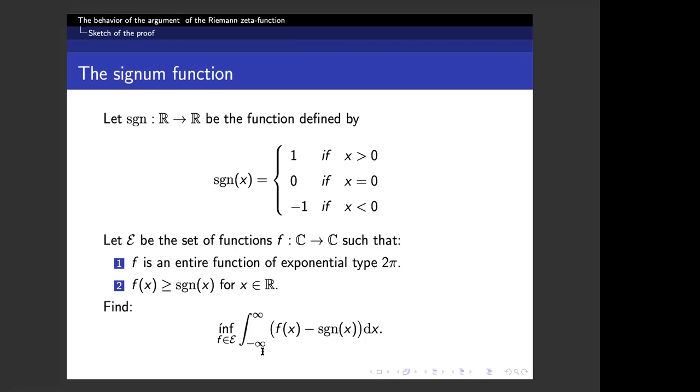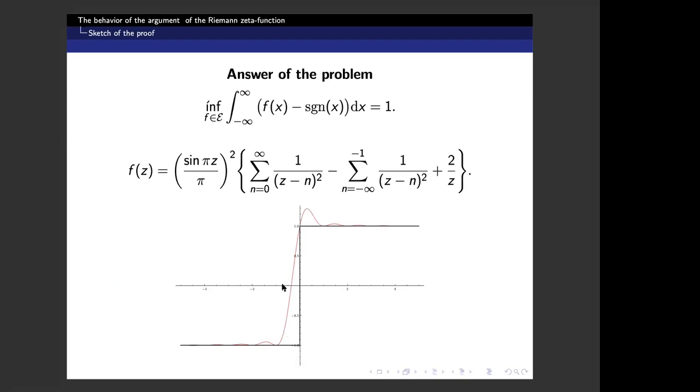And this is a problem by Berlin, and he solved this problem. You have this signum function here, and he obtained a solution of this problem. The infimum of this integral is 1, and this function is exactly this function here. And this is the form of this entire function.